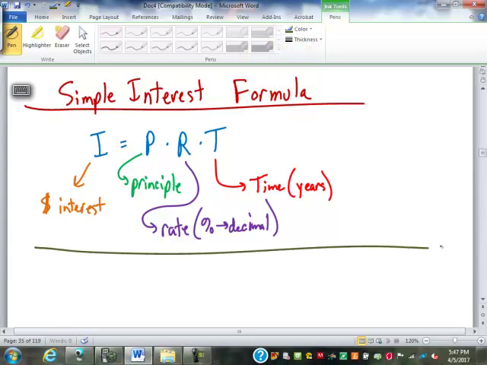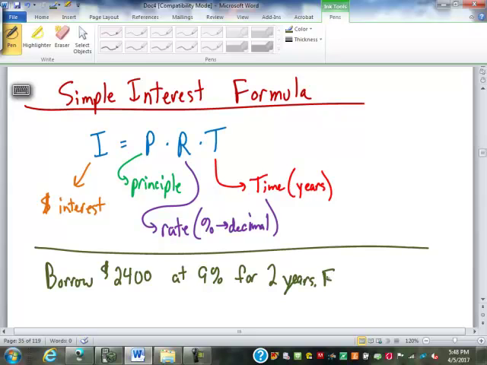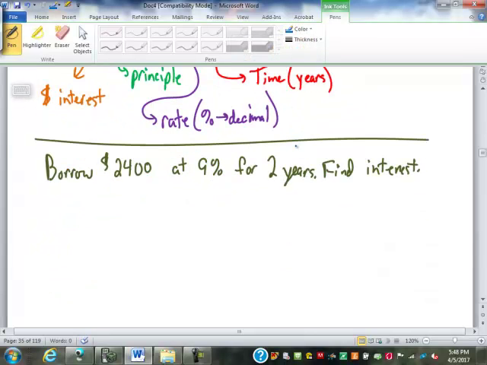So let's say that we are going to borrow $2,400 at 9% for 2 years. We're going to find the interest. So the amount of interest is principal times rate times time. What's P?